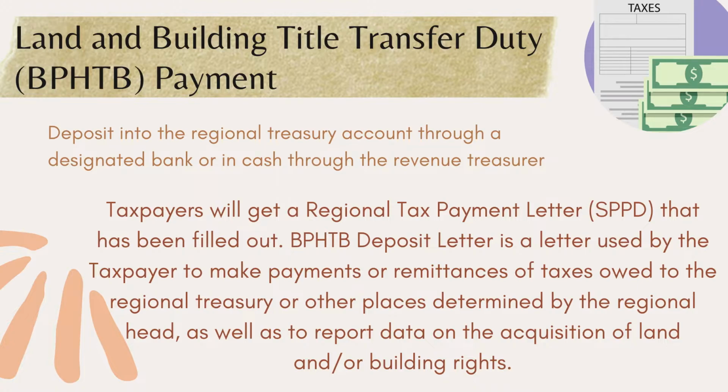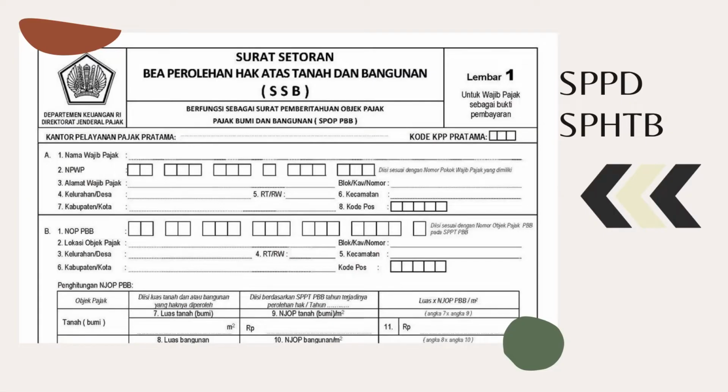The taxpayer will get a regional tax payment letter, or SSPD, that has been filled out. The BPHTB deposit letter is a letter used by the taxpayer to make payments or remittance of tax owed to the regional treasury or other places determined by the regional head, as well as to report data on the acquisition of land and or building rights.